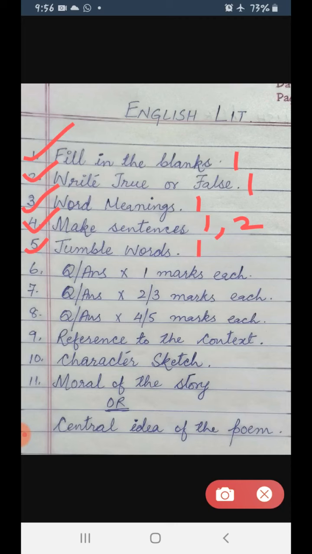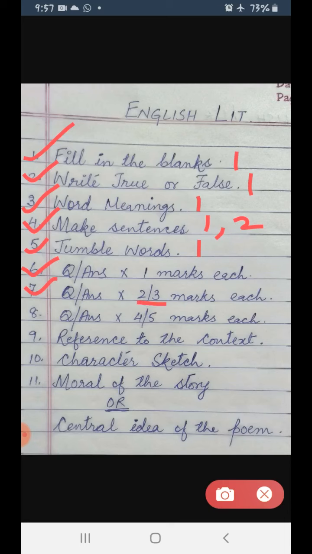And then next, question number 6. Question number 6 is question and answers which carry 1 mark each. That means you have to answer the questions in one sentence. You will be getting 5 questions and they will carry 1 mark each. Clear? The next is question answers which carry 2 or 3 marks each.